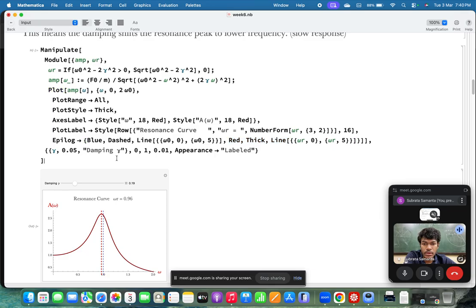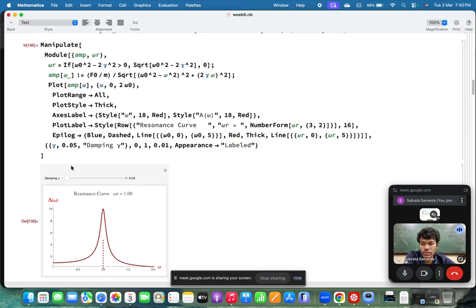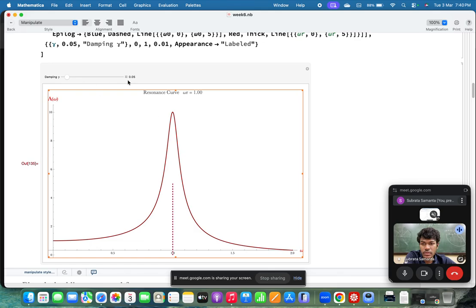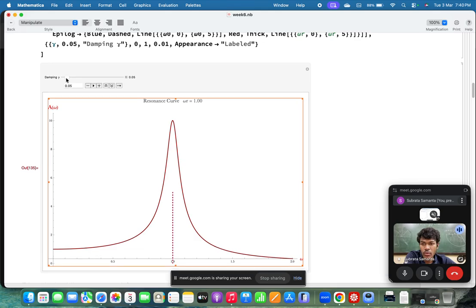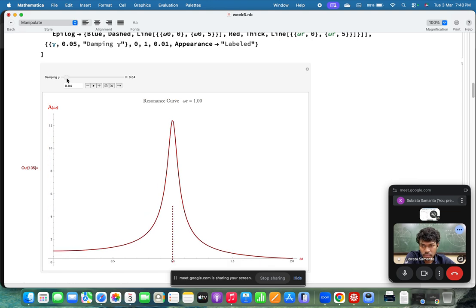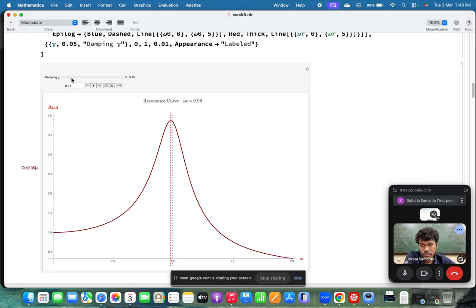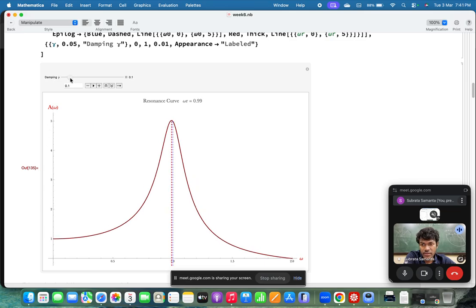Once you do that, you see the panel. Let's say gamma is 0.1, okay.